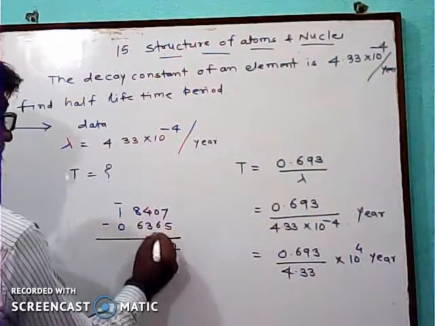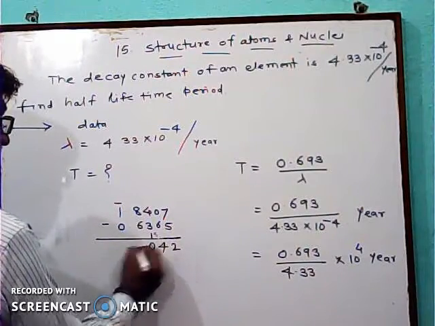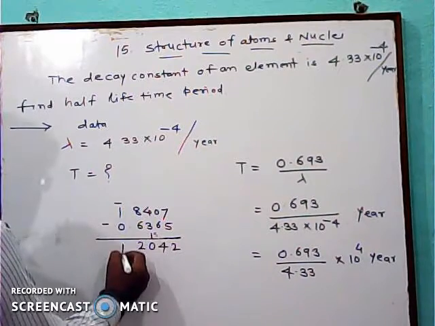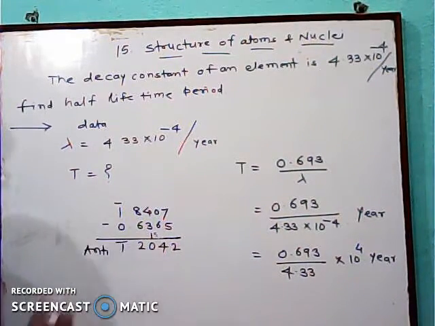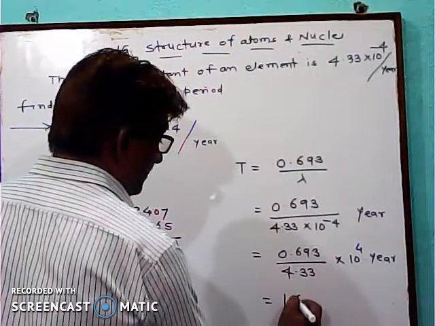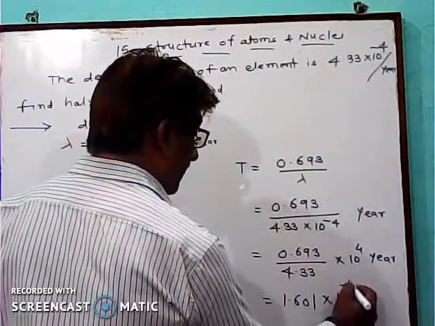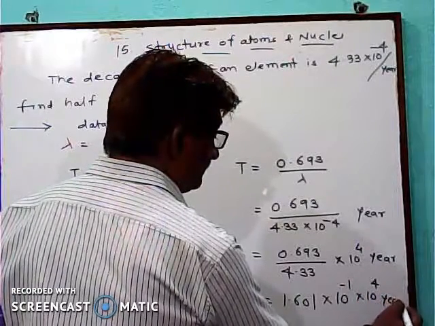From 10, 6 is subtracted, 4 is remaining. From 4, 4 is subtracted, 0 is remaining. From 8, 6 is subtracted, 2 is remaining. And for bar 1, take its antilog. Its antilog will be 1.601 into 10 to the power minus 1 into 10 to the power 4 year.